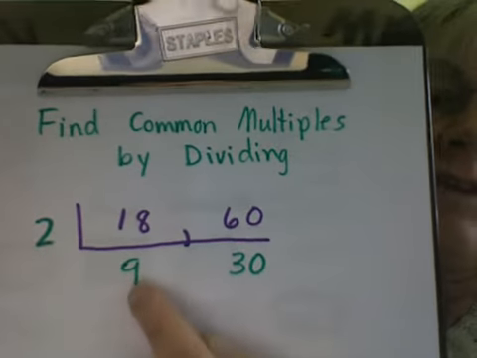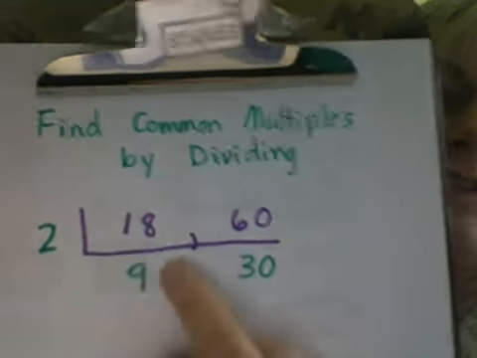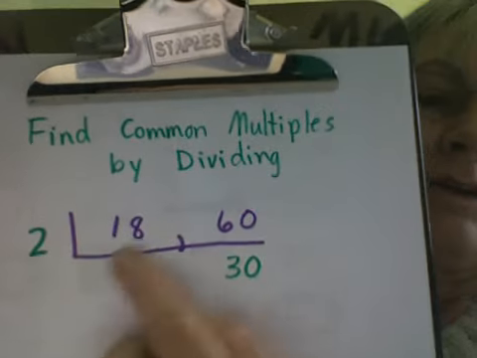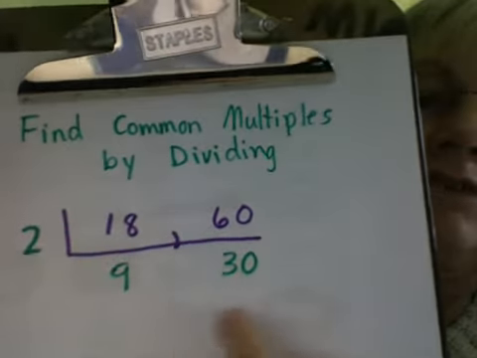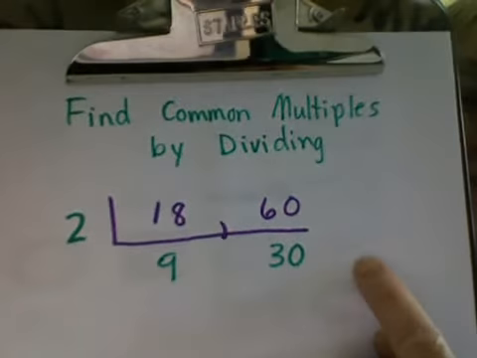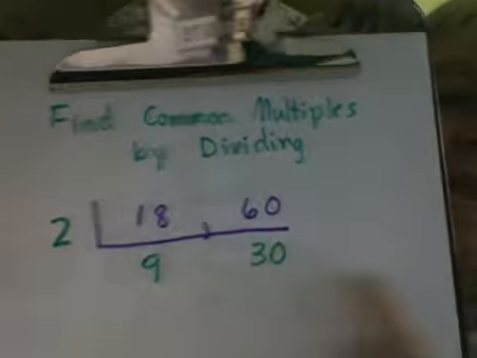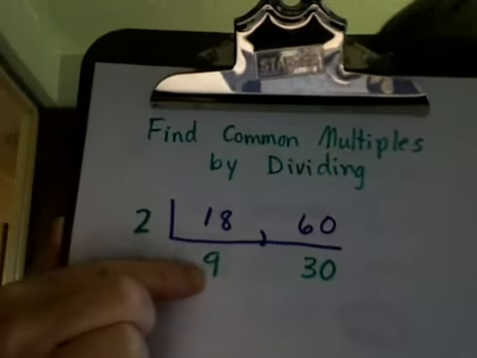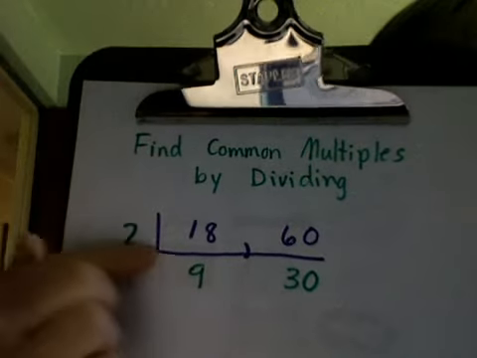I also know that 60 divided by 2 gives us a result of 30. We know that 60 is a multiple of 30 and 2. Also, we know that 18 is a multiple of 9 and 2.